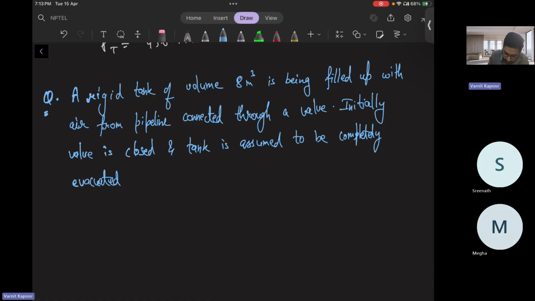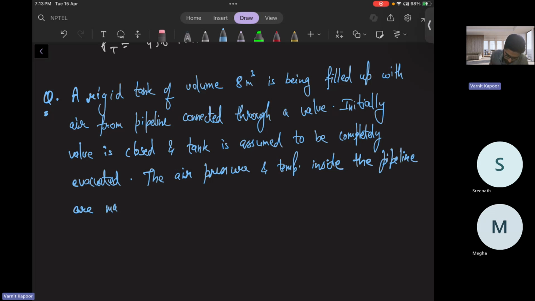The air pressure and temperature inside the pipeline are maintained at 600 kilopascal and 306 Kelvin respectively.